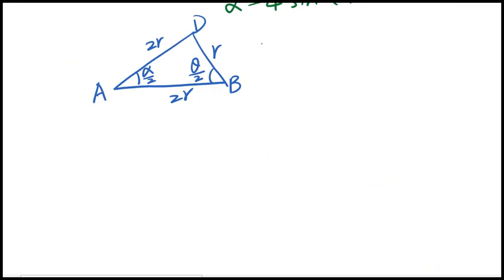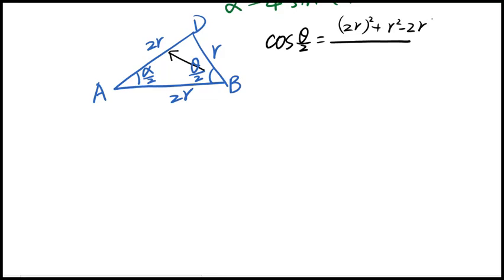One way is still to use the cosine law. You know the cosine of theta over 2 equals, with this as the corresponding side, 2r squared plus r squared minus 2r squared, then over 2 times 2r times r.